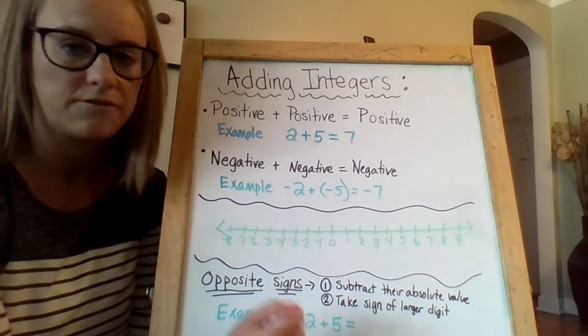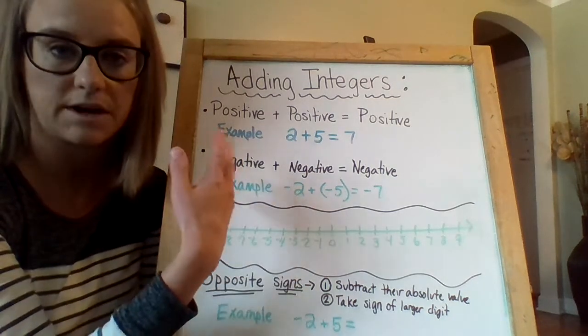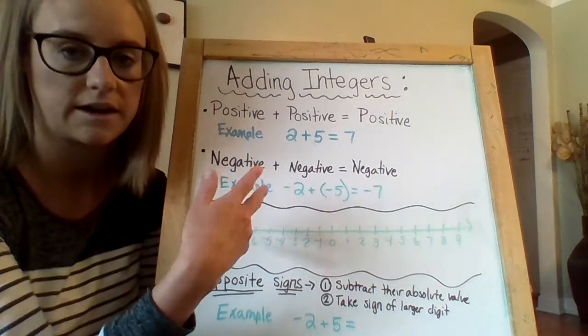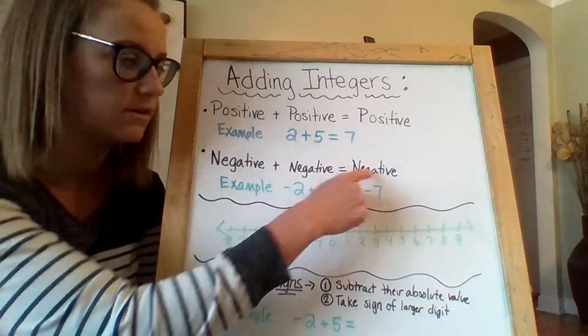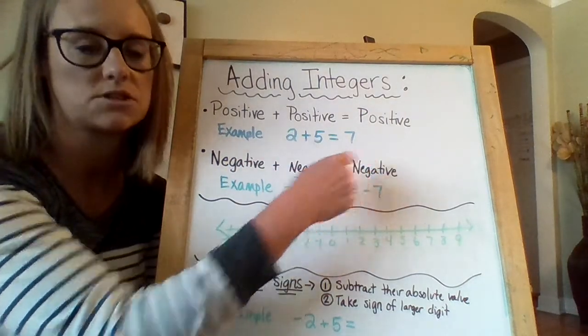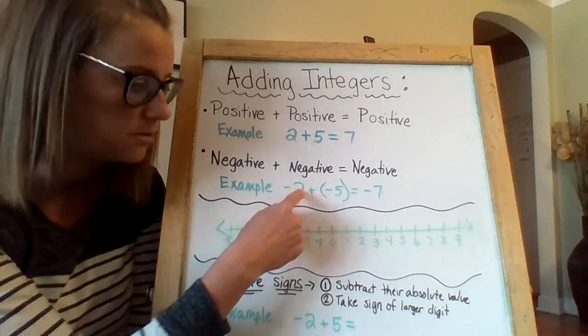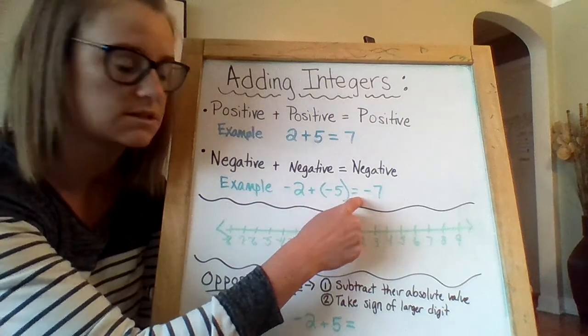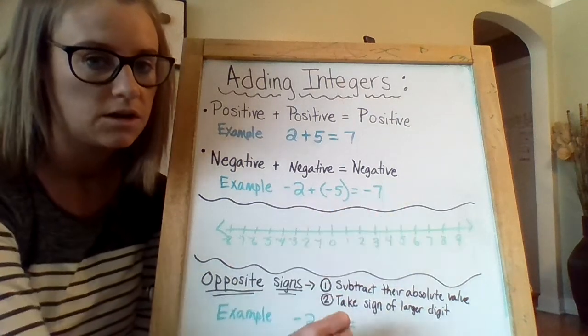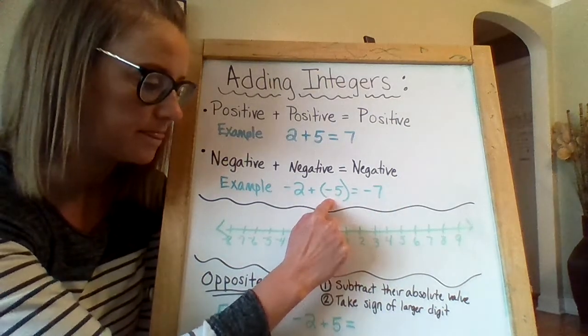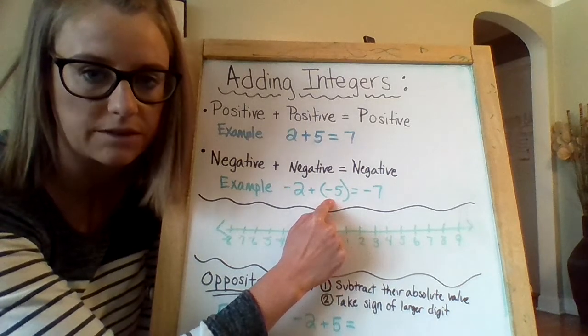Then you also have the combination of a negative number and a negative number. So negative plus negative is going to be the same thing, just as a negative number. So for our example, we have negative 2 plus a negative 5, and that's going to equal negative 7. Notice how I put this negative 5 in parentheses.